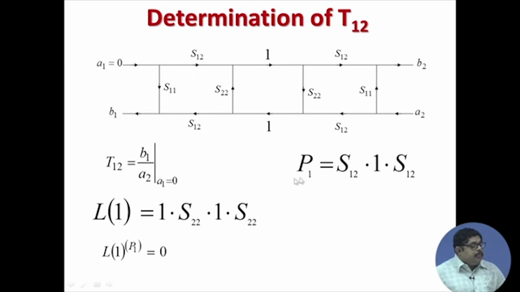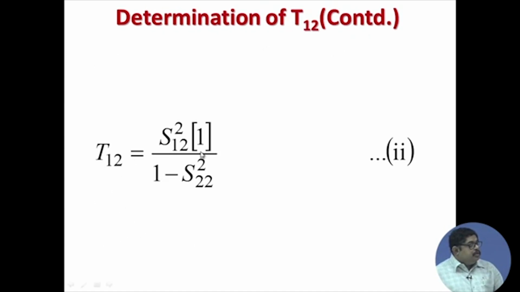So, there is no other path, only one path for coming from here to here. Is there any loop? Yes, that old loop, that value I know, but my path and this loop are touching. So, L1 P1 is 0, and obviously there are no L2, L3, etc. So, we can put this value S12 square into 1 minus L1 P1, that is 0. So, this we are calling the second equation.